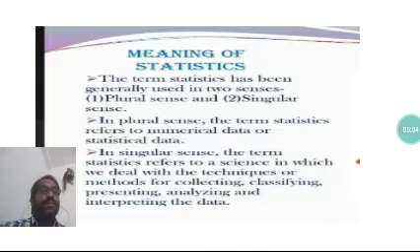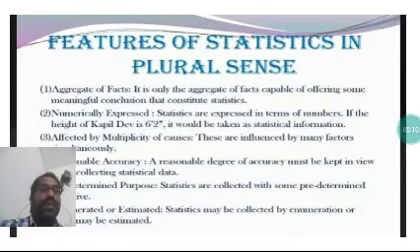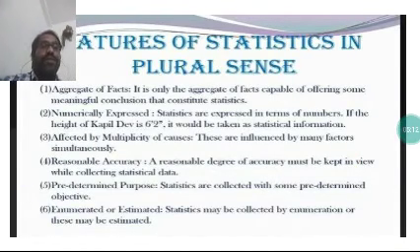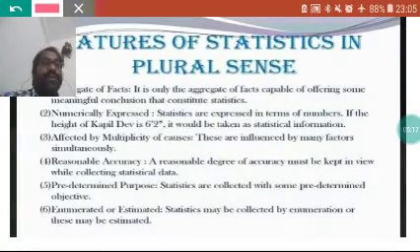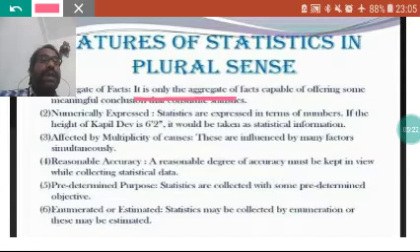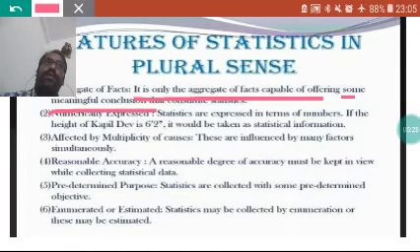I've explained the meaning of statistics in the starting, that is the numerical representation and analysis. What are the features of this? The first is that it is an aggregate of facts. What does that mean? It means only an aggregate of facts is capable of offering meaningful, decision-making conclusions.